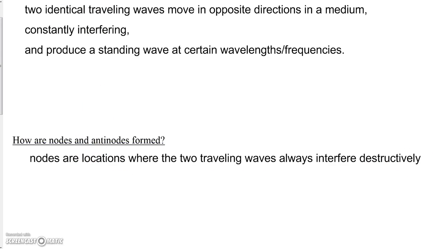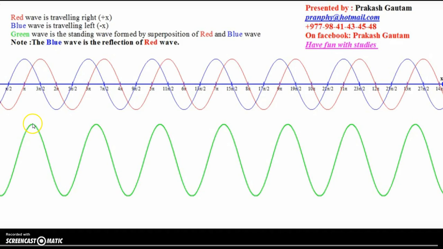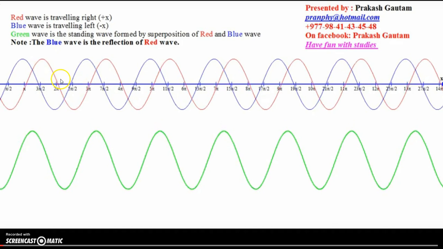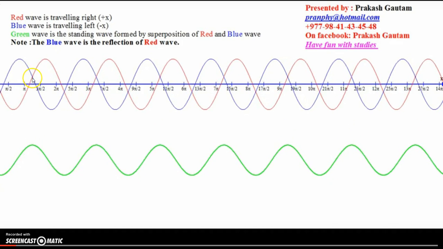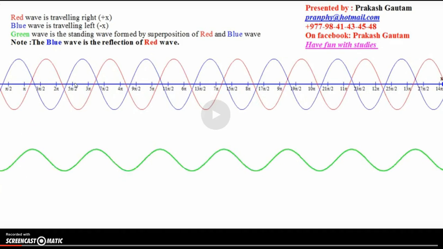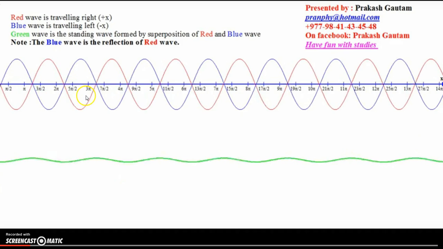And what about antinodes? Here's an antinode right here at this location on the string. Now you have to remember to keep watching my mouse, this one location on the string. So you can't look over to other locations, just right here. And right now at this moment, red is positive and blue is positive displacement as well. If I let some time pass, red is still positive at this location, and blue is still positive at this antinode location. If I let more time pass, here they're just crossing the axis, so there's 0 plus 0.